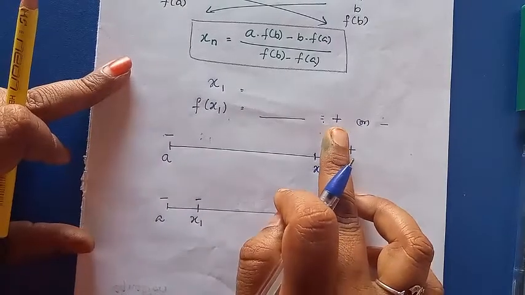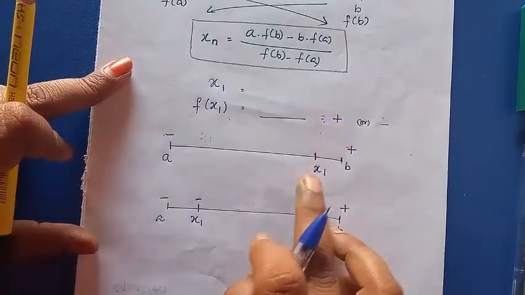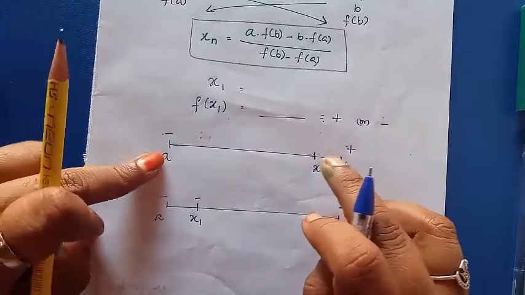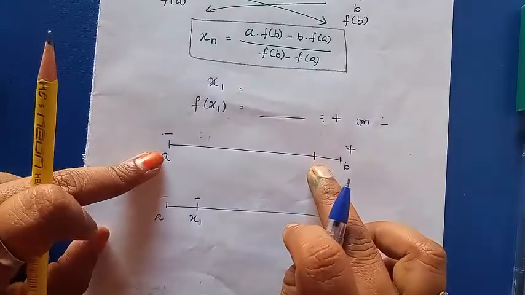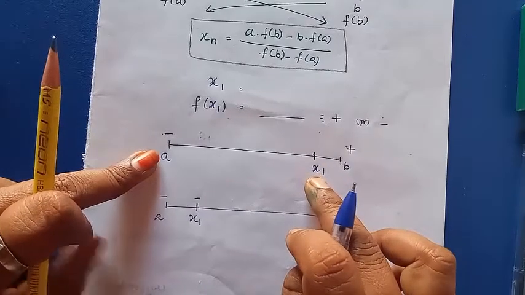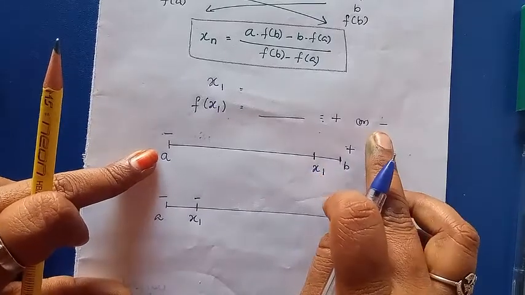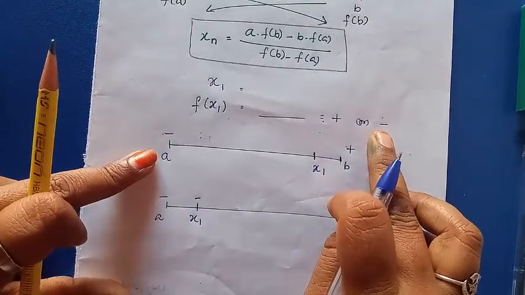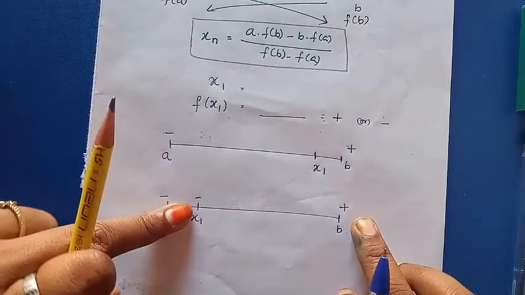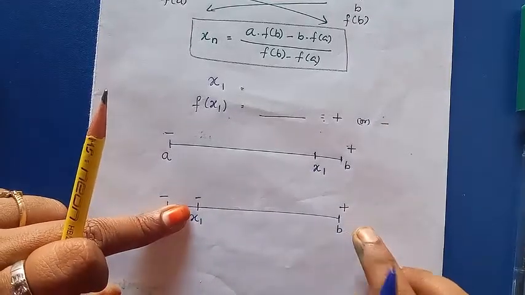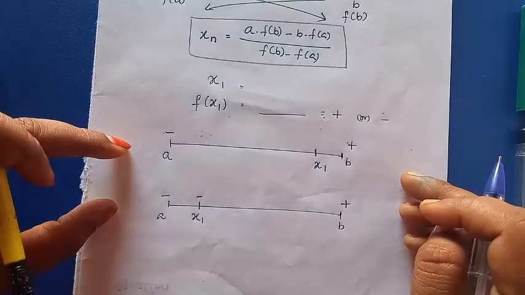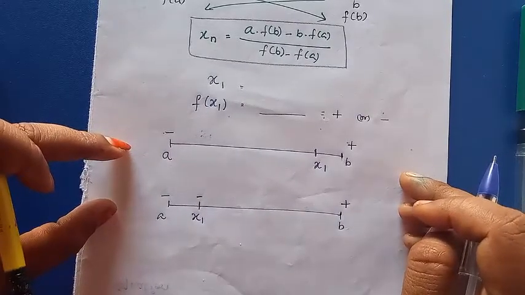Suppose you get the positive sign and conclude that x1 is near b; then our process continues with a and x1, which shows that our root lies between a and x1. If f of x1 is negative, the value is near a, and our root lies between x1 and b. With this conclusion, we proceed to find the next approximated value x2.